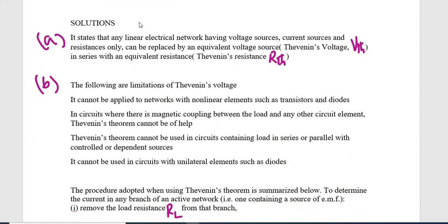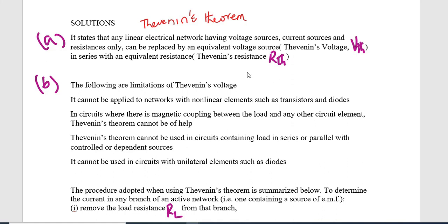This is Thevenin's theorem. Thevenin's theorem states that any linear electrical network having voltage sources, current sources, and resistances only can be replaced by an equivalent voltage source called Thevenin's voltage in series with an equivalent resistance called Thevenin's resistance.